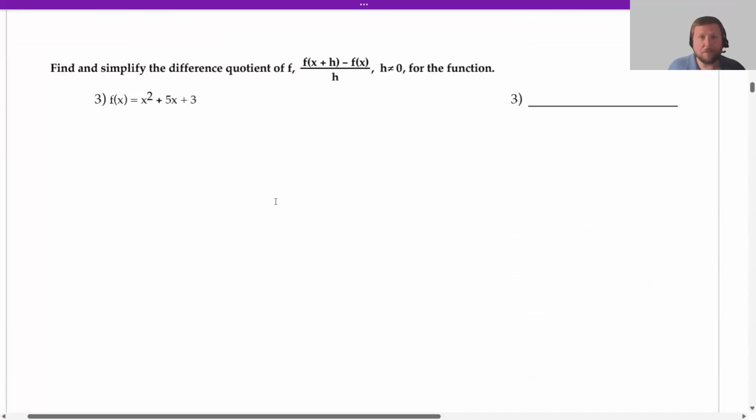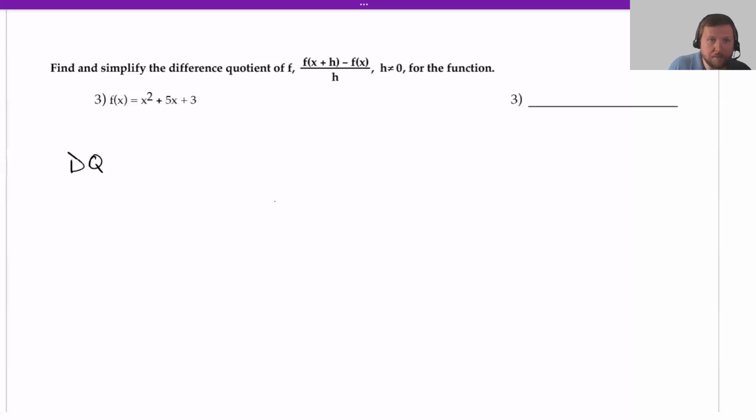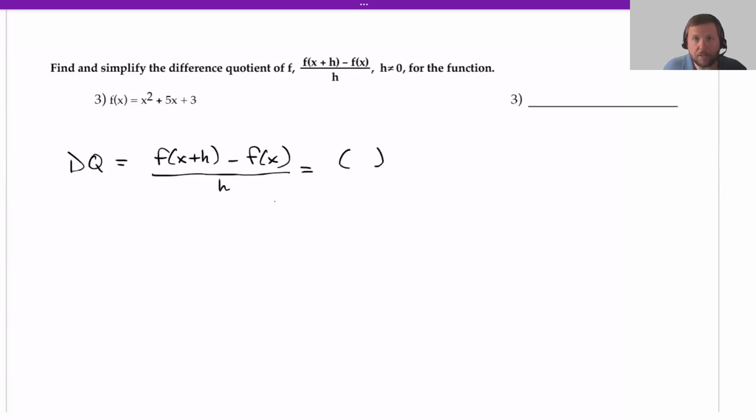Okay, find and simplify the difference quotient for the function. So my difference quotient is f of x plus h minus f of x over h, secretly just slope. And then the x squared plus 5x plus 3. So I'm going to just leave some space in there.